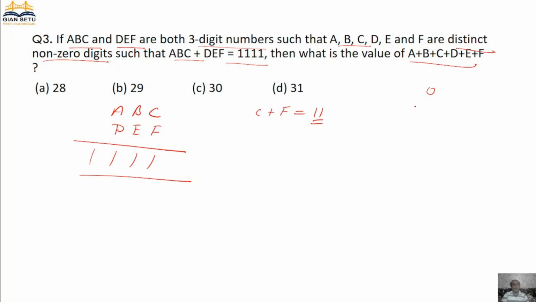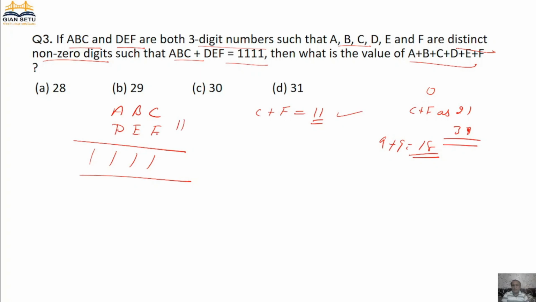Neither can we have C plus F as 21 or 31, because the maximum sum of two digits is 18. So only one possibility is there, that C plus F will be 11.